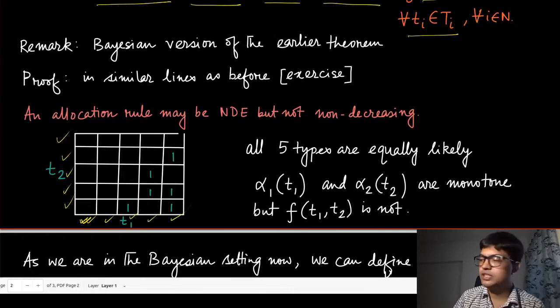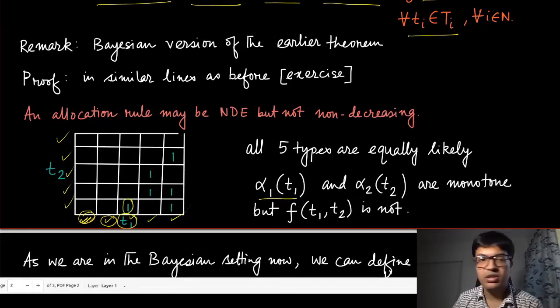Therefore the expected allocation for player 1 when t1 is equal to this value is 0. Similarly, it is 0 here as well, but here it has a probability of 1 over 5, because there are 5 possibilities. In one of those cases it is getting an allocation, and in the other 4 cases it is allocated to player 2. So if you take the expectation over that, it will be 1 by 5.